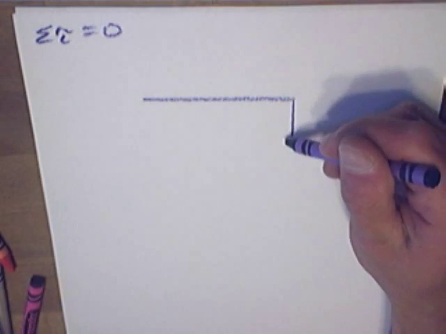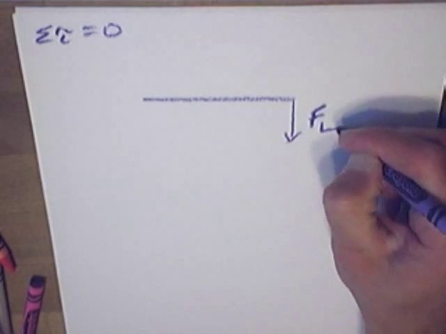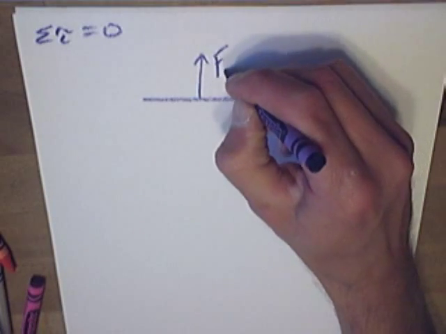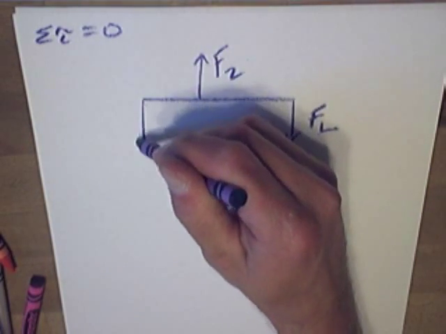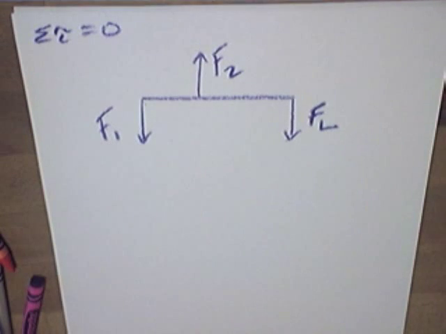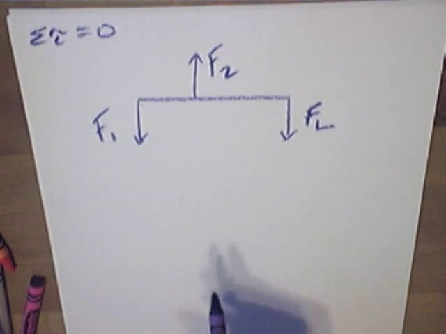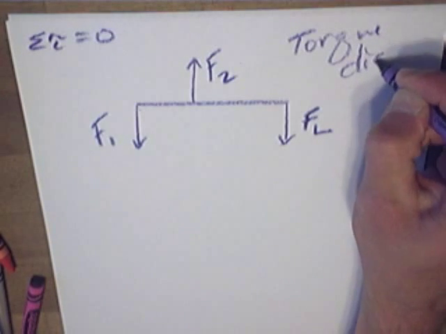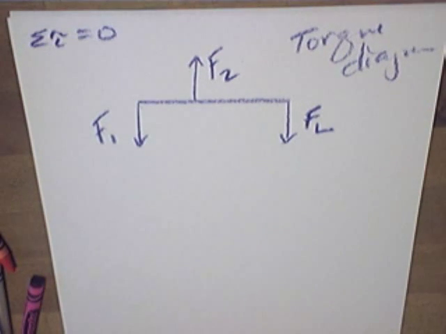So I have the force of Lubbs over here, F2 pushing here, and I have F1 here. That torque diagram actually has the lengths built into it.